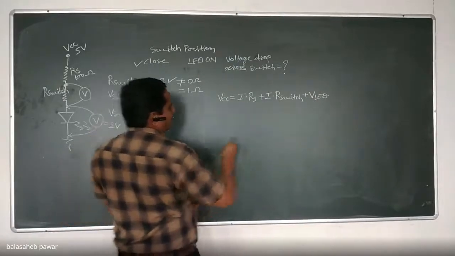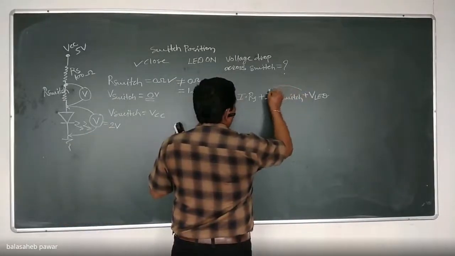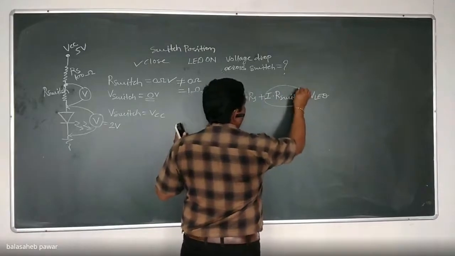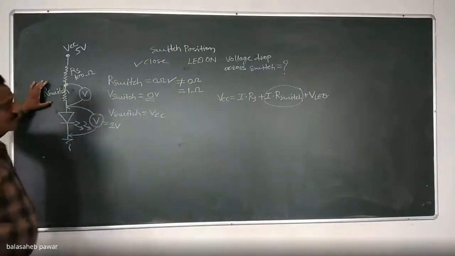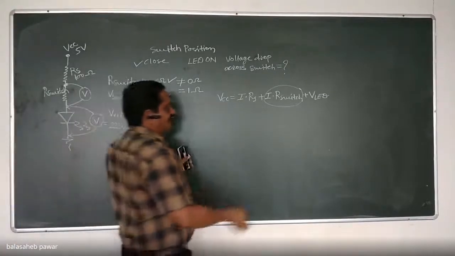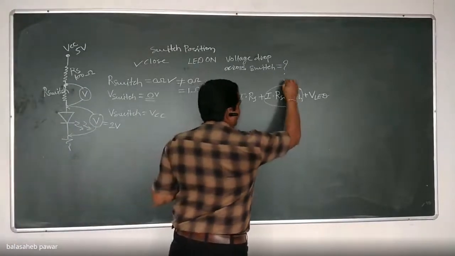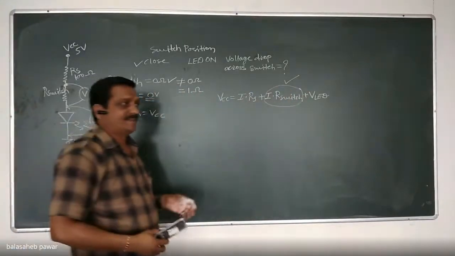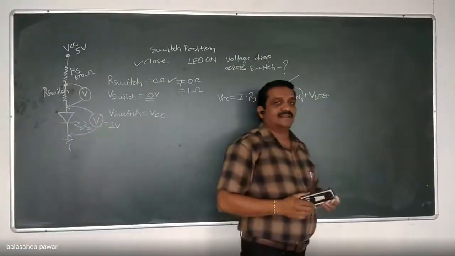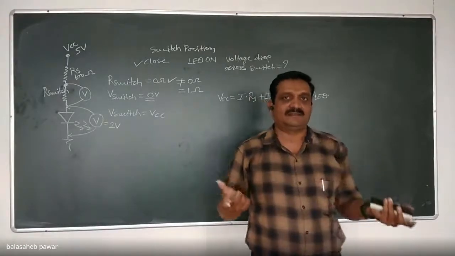So see, you will observe the resistance offered by that switch will decide the drop occurring across it, which is of no use. What is the purpose of the switch? In this case, either to close the circuit or open the path, correct?